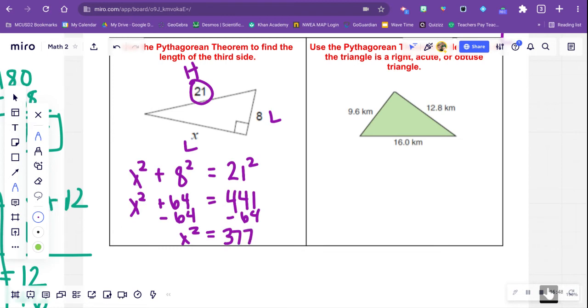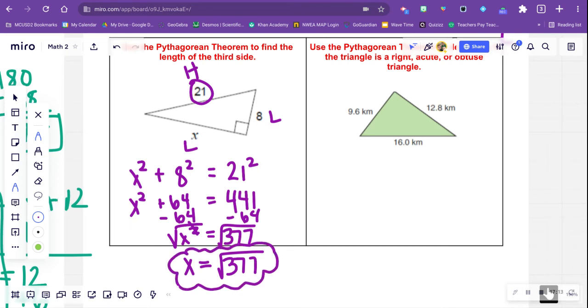And then last step, everybody wants to say divide by 2. But it's not divide by 2. Remember that opposite operation of a power is the root. So always last step in Pythagorean theorem, you've got to have a root. The square root of 377 would be my final answer.